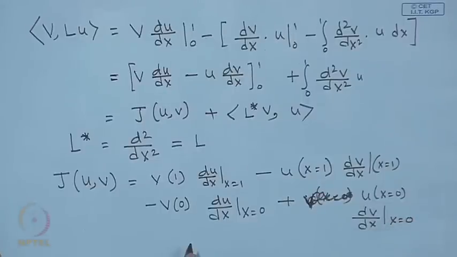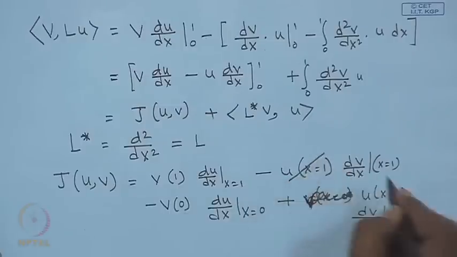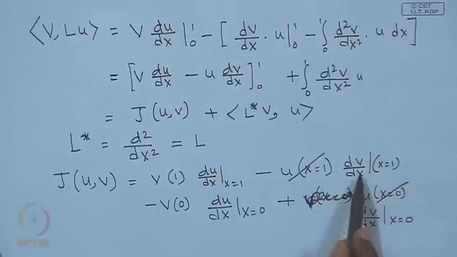Now, we have already seen the original problem in u has a homogeneous boundary condition, that is, u at x is equal to 0 and u at x is equal to 1 are both zero. So, irrespective of the value of dv dx at x equal to 0 and x equal to 1, those terms will vanish.